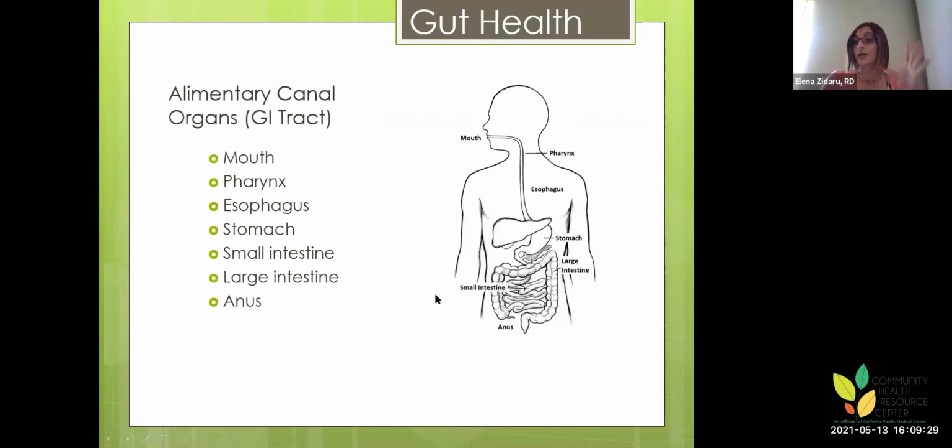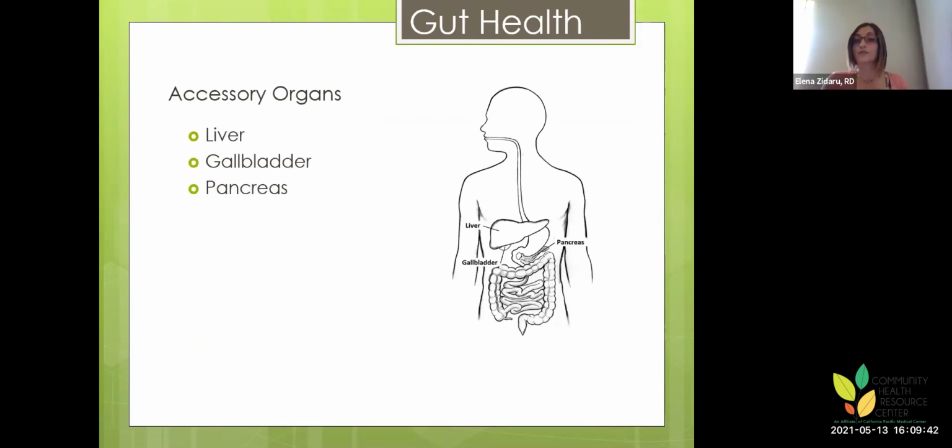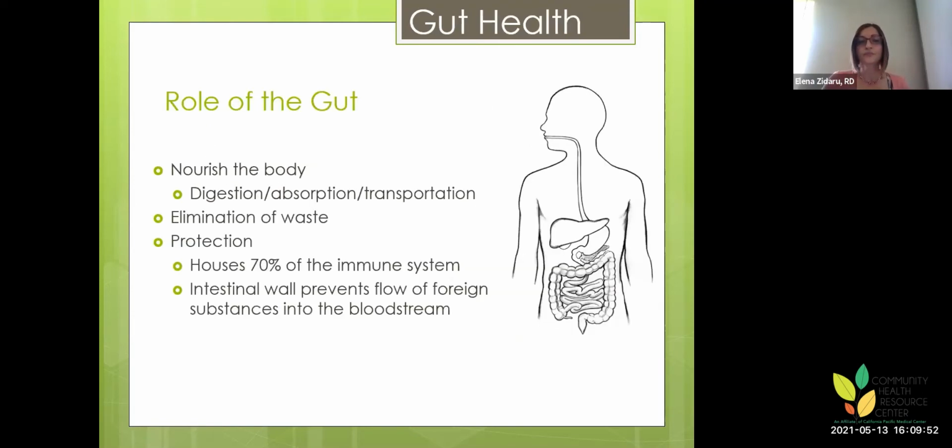So basically the GI tract from A to Z, what I call from mouth to anus: mouth, pharynx, esophagus, stomach, small intestine, large intestine, and anus. That's where the food travels. And then we have those accessory organs, liver, gallbladder, pancreas, which by secretion of bile salts or digestive enzymes support the digestion in the gut.